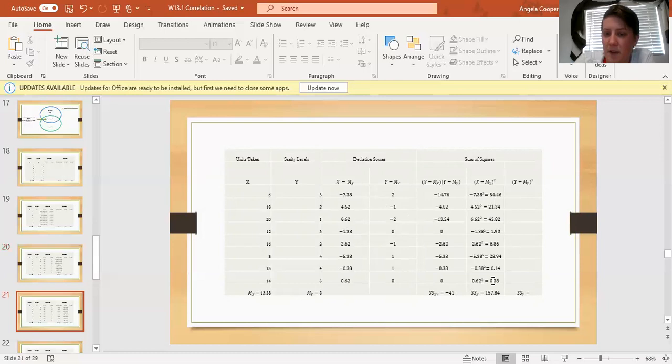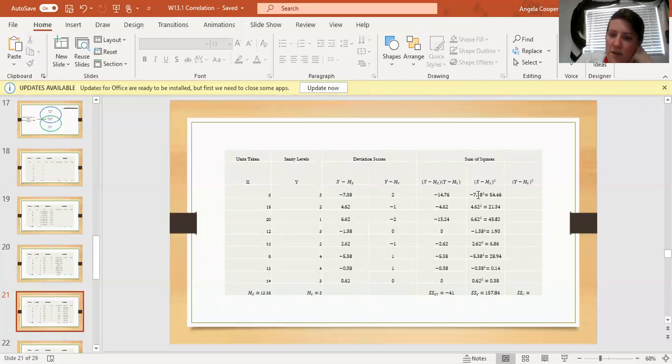This sum of squares for X, Y is just -41 because we've added all these together, and since we're dealing with a lot of negatives, we have that. Now we are doing X minus mean of X, squared. We've calculated all of these. It's this column, squared for each row.